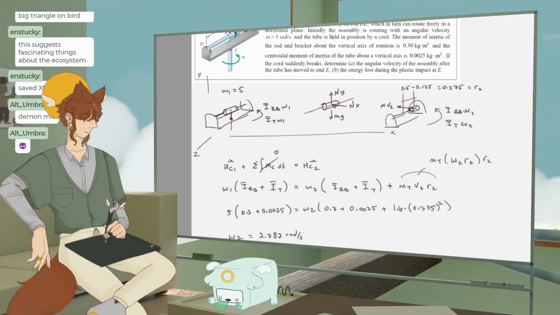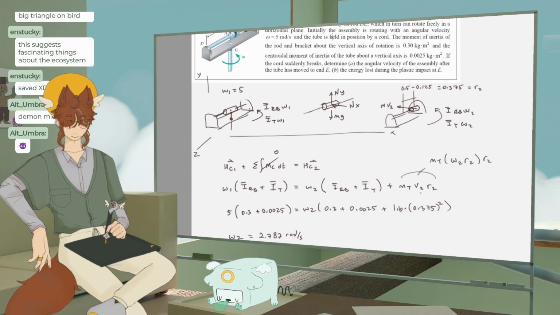Wait, wouldn't that make our value higher, though? I don't know. Let's just walk around, find out, you know? Yeah, that's 10. Okay, I get 10 if I do that. Which is worse.